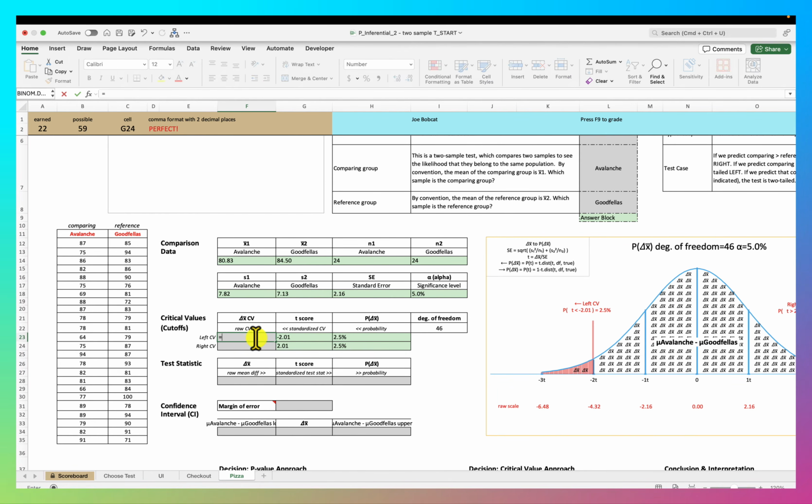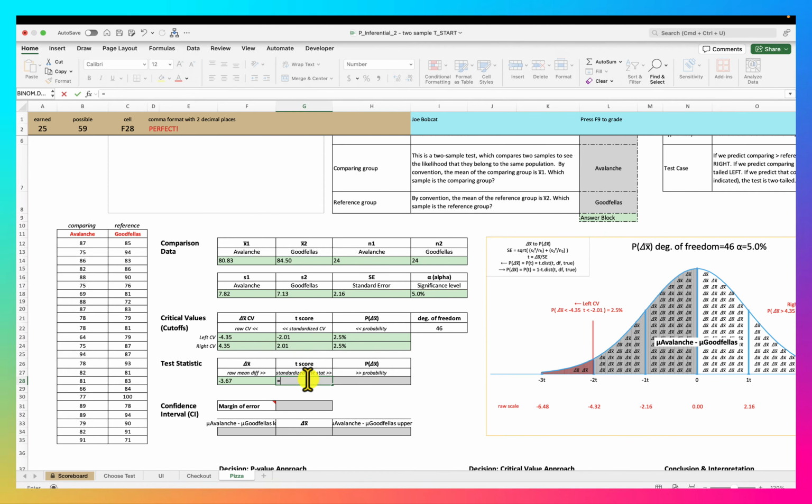critical value, the raw critical value is simply going to be the t-score times the standard error, and same here. Okay, delta x bar is going to be that minus that. How did I note it? It's comparing minus reference. That's just a convention. And the t-score equals t dot dist. Oh, sorry.